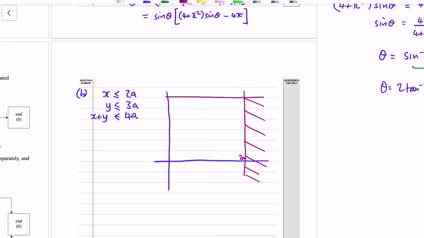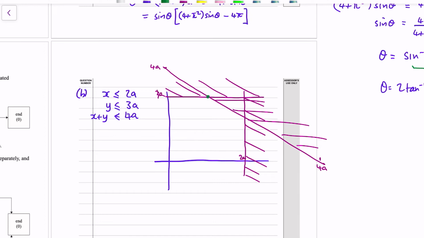Not to scale, I've already stuffed up the scale. And then x plus y is less than or equal to 4a. That has intersection points at 4a and 4a. So it's something like that.